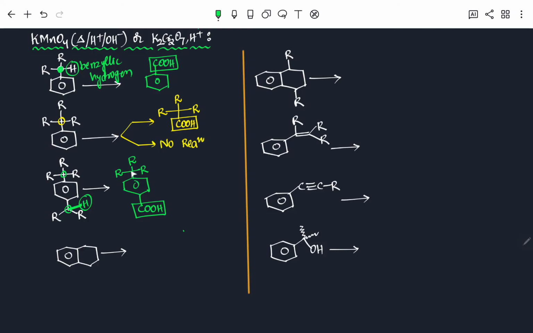If benzylic hydrogen is absent, no oxidation. If benzylic hydrogen is present, the entire carbon chain will be converted into carboxylic acid. Next example, it has two benzylic carbons and benzylic hydrogen is also present. Therefore, the entire chain will be converted: at this carbon, COOH, at this carbon, COOH, because of the benzylic hydrogen.